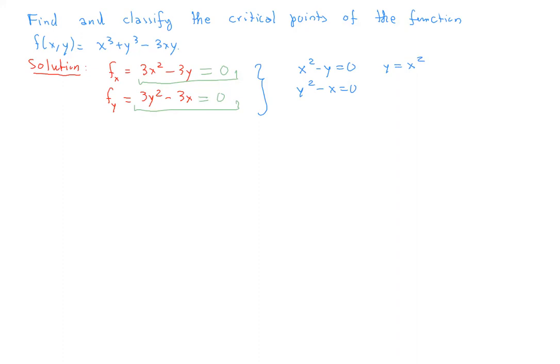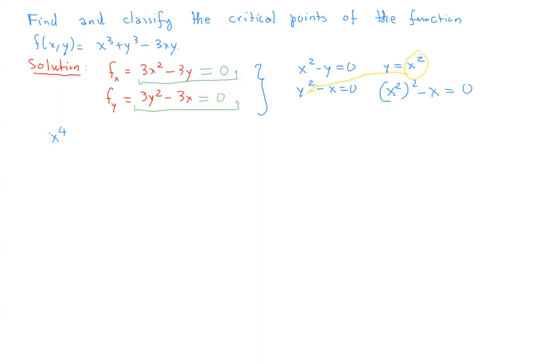We said that you could take this, the x squared, and plug it where you see y, right here. And if you do so, then the second equation is going to yield what? x squared squared minus x is equal to 0. And all of a sudden, we obtained an equation that has just one variable.